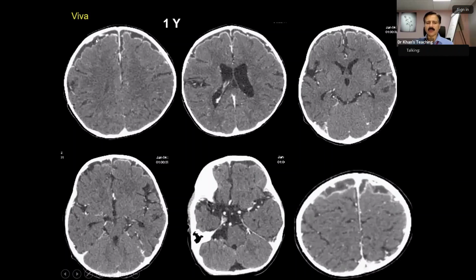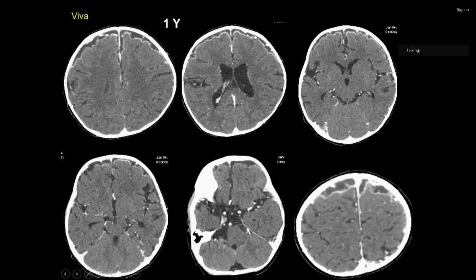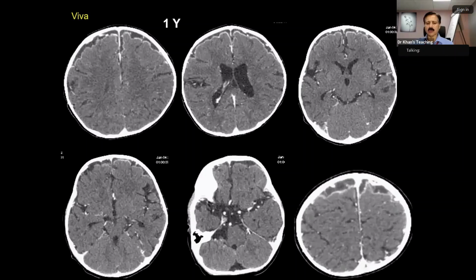And when we give contrast, this is how you can differentiate that this is subarachnoid space and not subdural effusion, which can occur. On an MR, you don't have to give contrast, but on a CT, you can do this. So it's a good tool to differentiate between subarachnoid space versus subdural space.